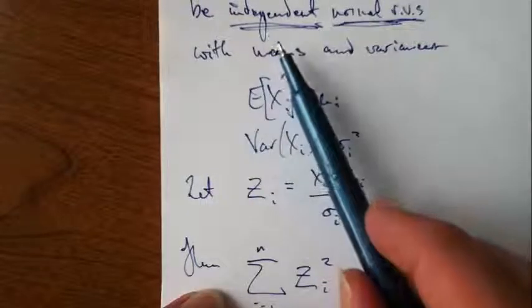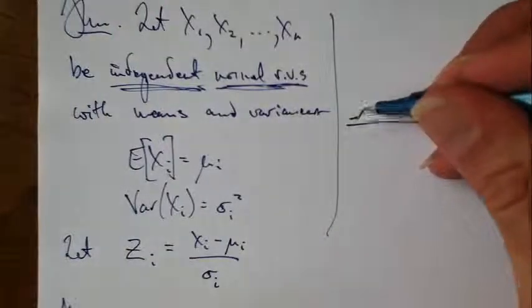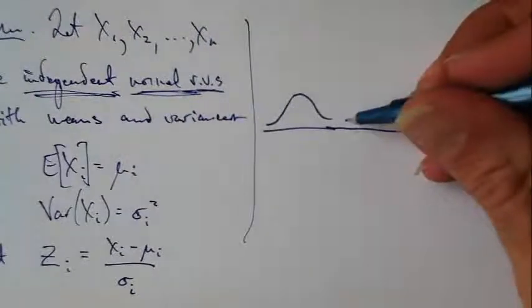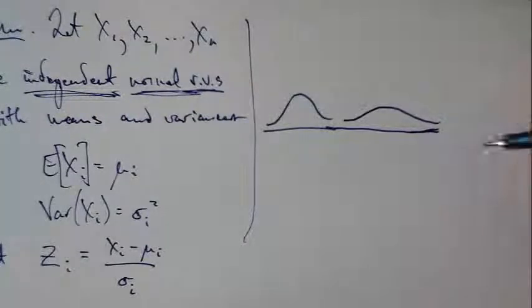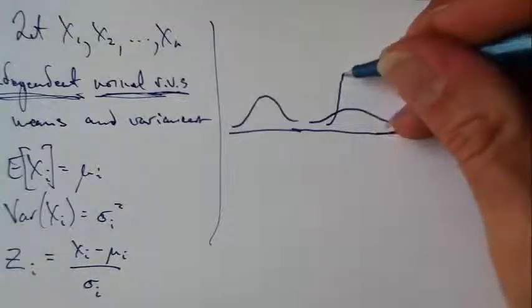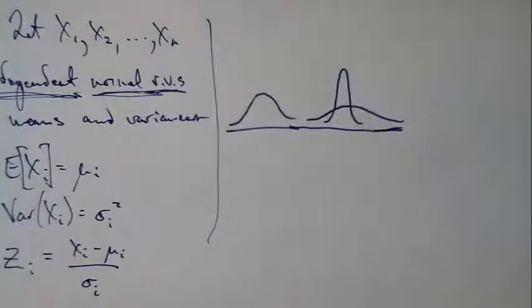They're independent normals, but they have different means and variances. So again, you might think of a picture like this: here's the behavior of one of them, maybe another one tends to be further to the right but more spread out, and then maybe another one still is more spiky in behavior, something like that.